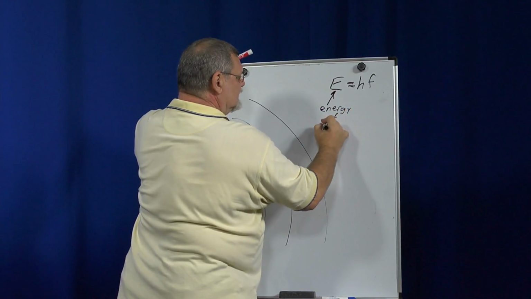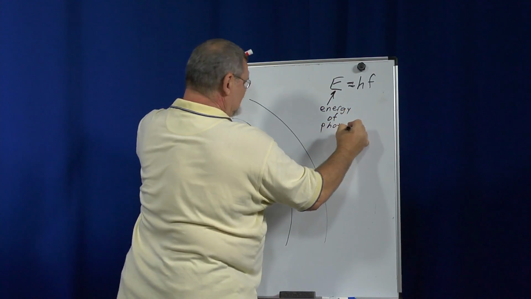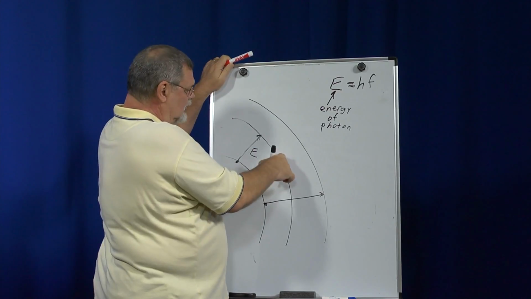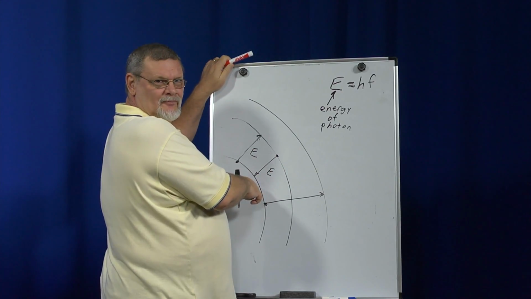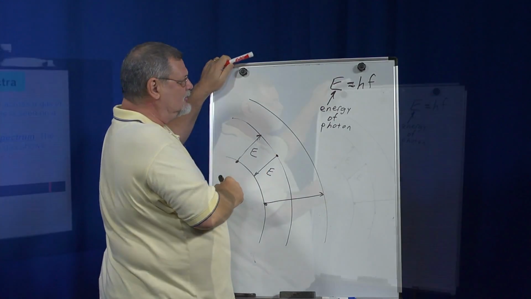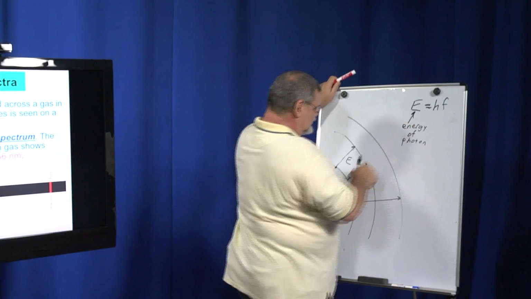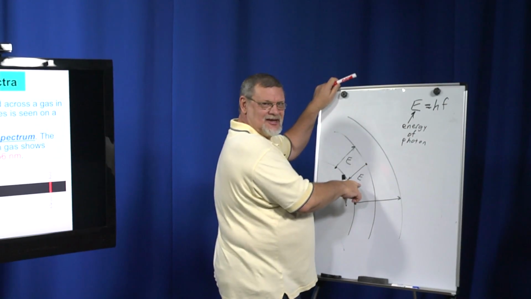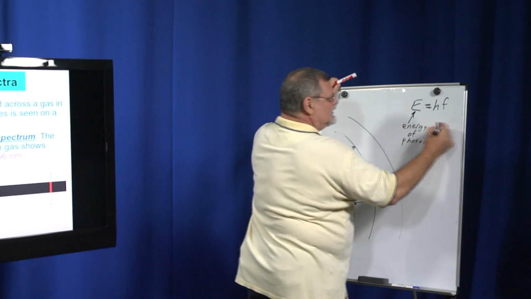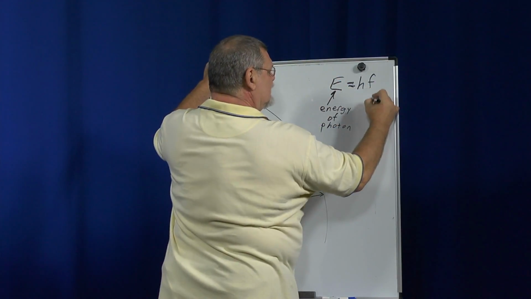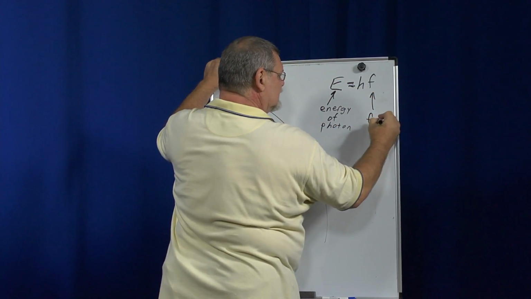E is the energy of the photon. This is the amount of energy it's either absorbing or giving off when it's going from one level to another. And when it drops back down, the amount of energy it gives off is related to the frequency. This is f, the frequency.